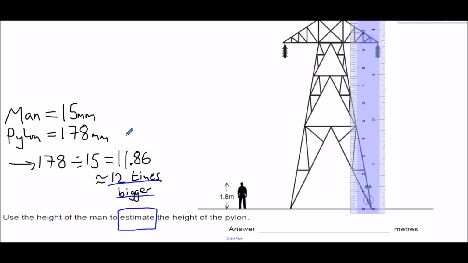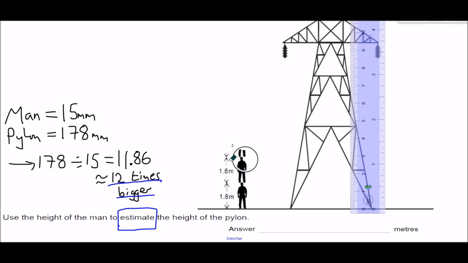But because it is an estimate, you can take that as a free license to round your values as long as you're rounding sensibly. So the man is about 12 times bigger than the pylon. No, the pylon is about 12 times bigger than the man. That would be ridiculous. What I've done is I've just tried to show you how you can picture it.